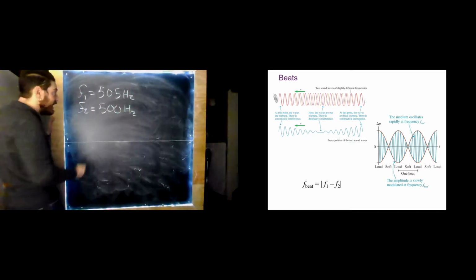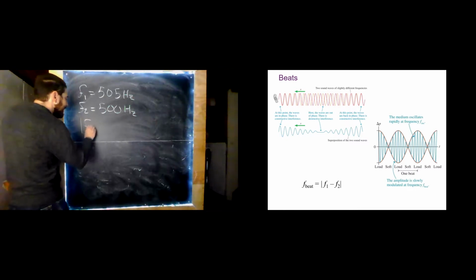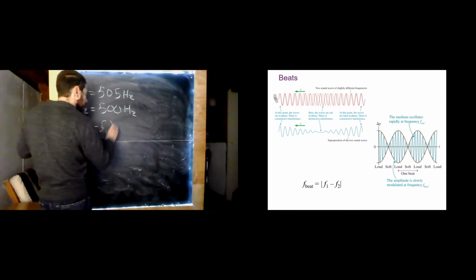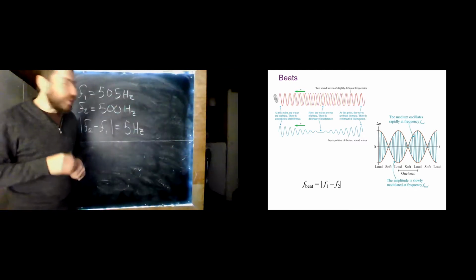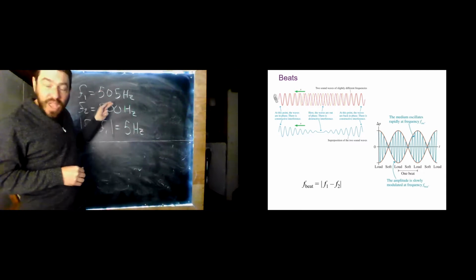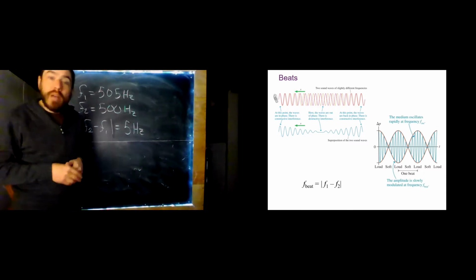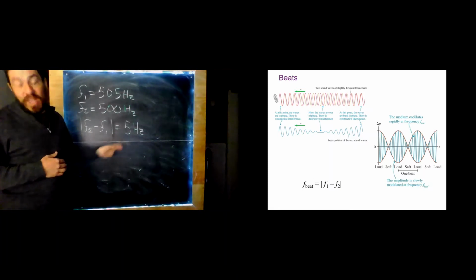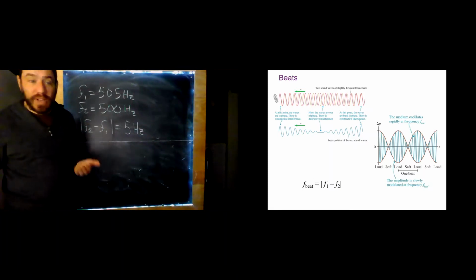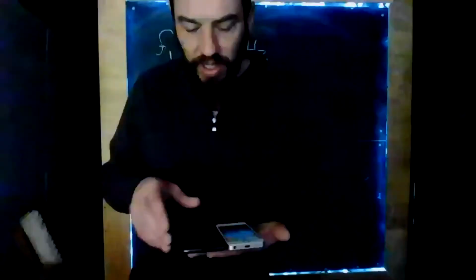And so what we would hear is a beat at F2 minus F1 equals 5 hertz. And so what does our brain perceive? Our brain perceives the average of these two, 502.5 hertz, but we observe it wobbling in and out 5 times a second. That is what's called a beat frequency. So that was 505 and 500 hertz.